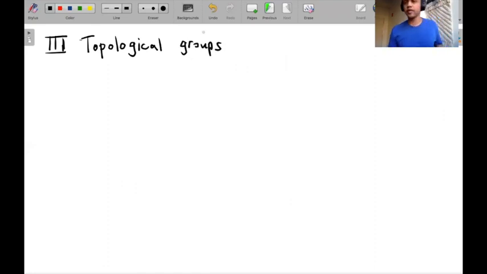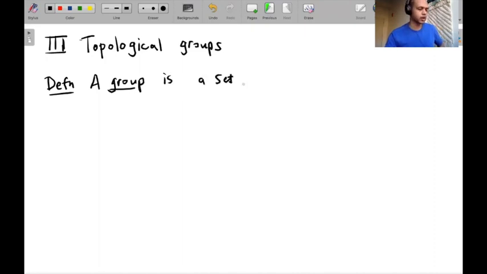So very briefly, a topological group is a space which also has a group structure so that these two things are compatible. So the definition, so I guess this is the first time we've talked about groups in the lecture. So let me define a group. It's not really a prerequisite for the course, technically. I think maybe people have seen groups mostly, but if you haven't, then, well, okay.